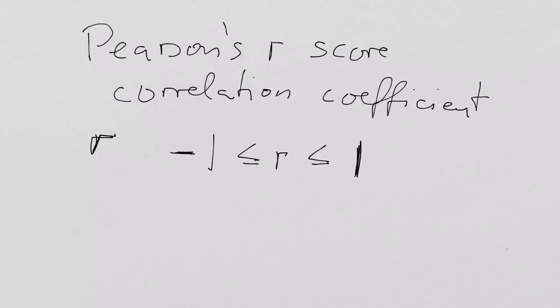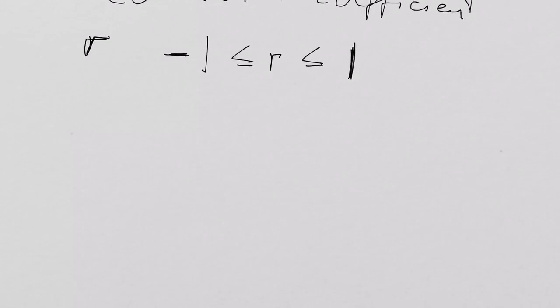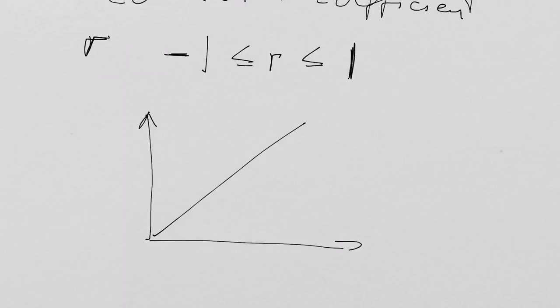Now, what does that actually mean? If we have, for example, something that is a perfect correlation, something like that, where all the data are really bang on a straight line, we would assign this as a correlation coefficient R equals positive or negative?